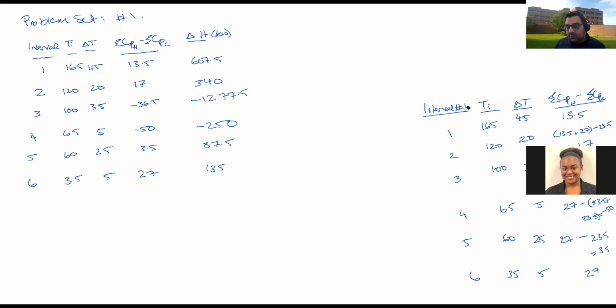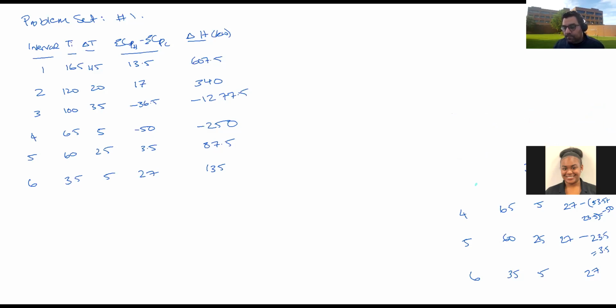So let me remove these guys, and let's start building the cascade diagram. To build a cascade diagram, the easiest thing to do is to start off by drawing a number of boxes equal to the number of intervals you have.